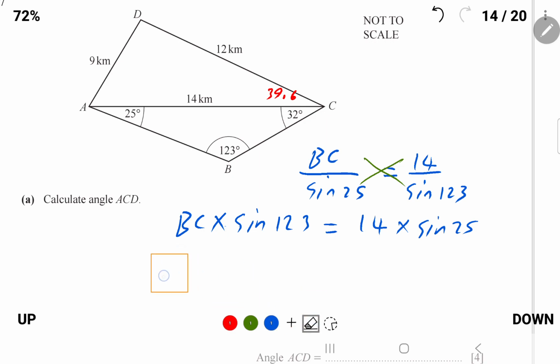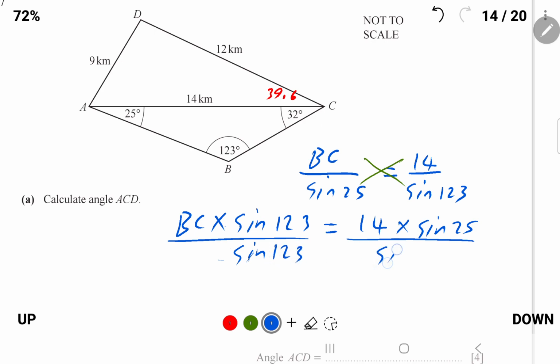Now we divide both sides by sine 123 here and here. Cancel these amounts. BC is equal to 7.054 kilometers as required in the question.